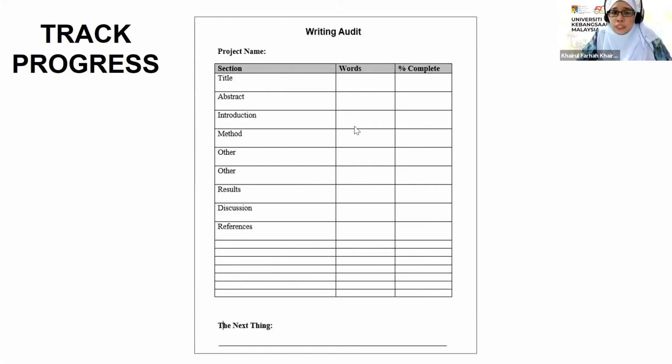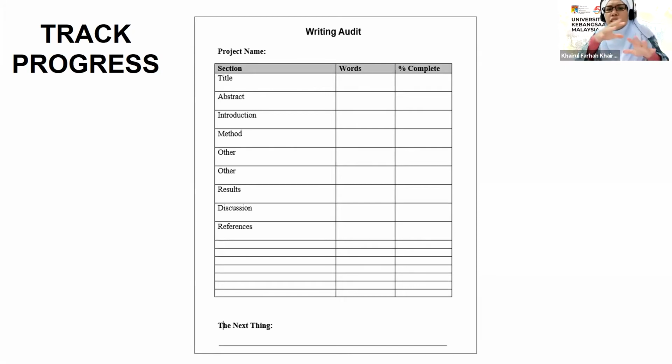Let's say you have a target here, you want to write 3,000 words, and you've got 3,000 words. Once you know how much you have written, you will realize, oh, actually I've made so much progress already. That's one way to look at it. Or you realize, look, I've got so many chapters and I've only written the introduction. Then you realize, uh-oh, I'm in trouble, I need to work harder.